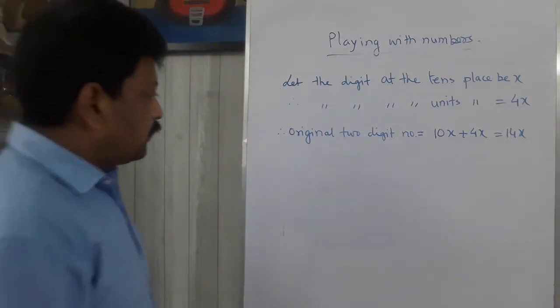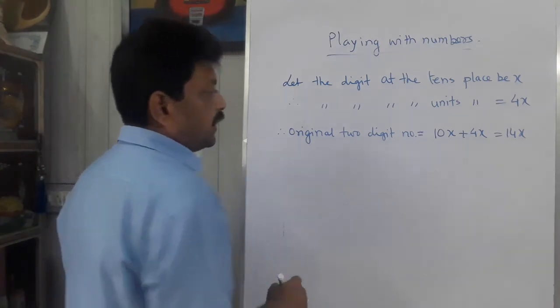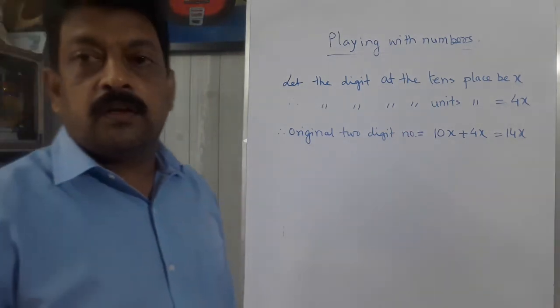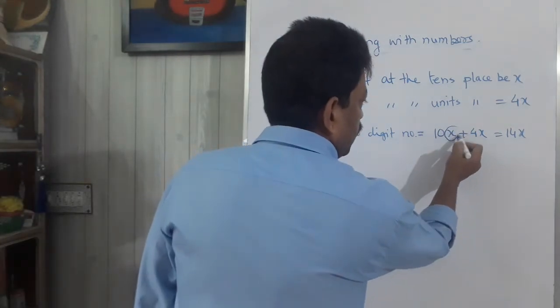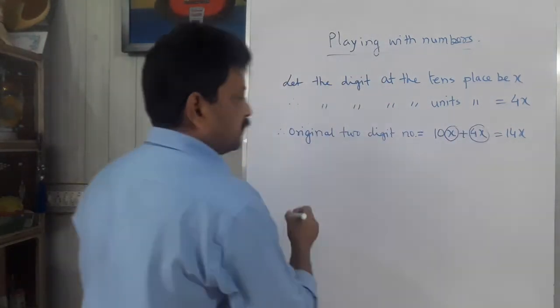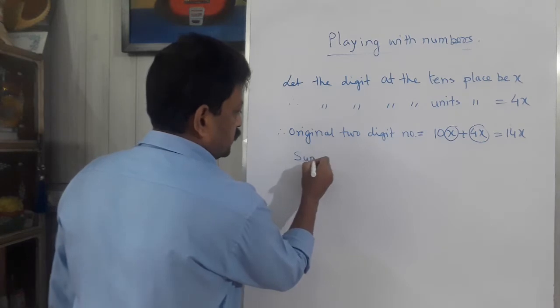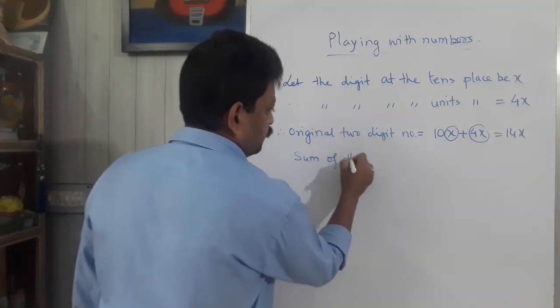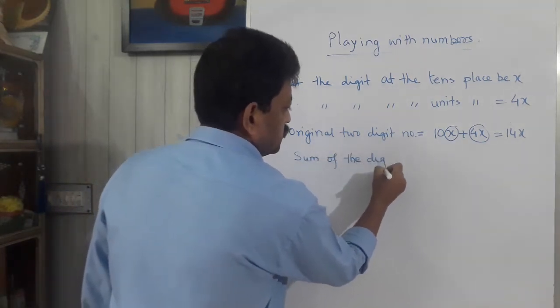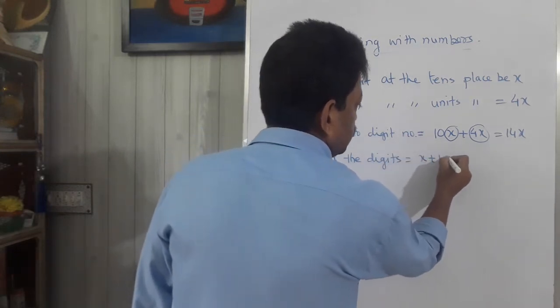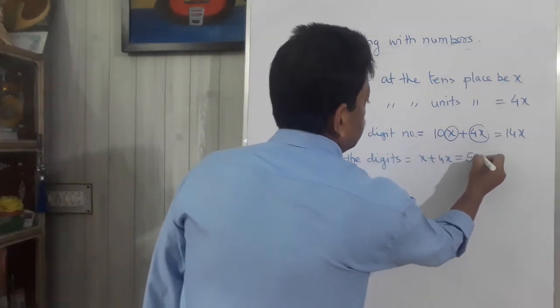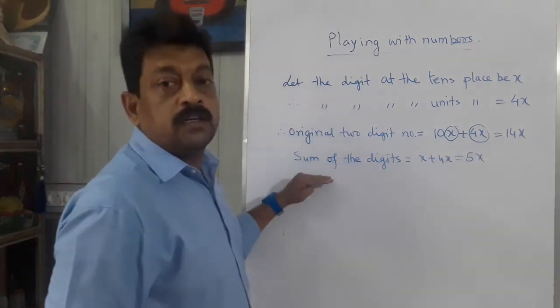Now the second condition says that the sum of the digits is 10. Sum of the digits means x and 4x, these are the digits. So the sum of the digits equals x plus 4x equals 5x, and it is given that the sum is 10.